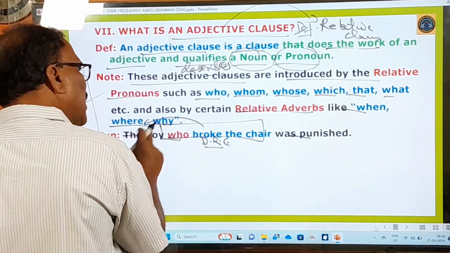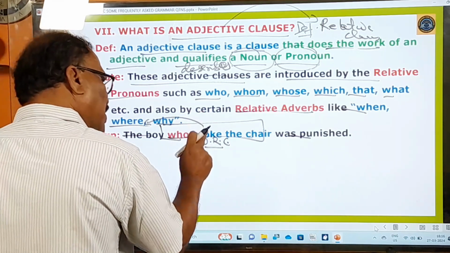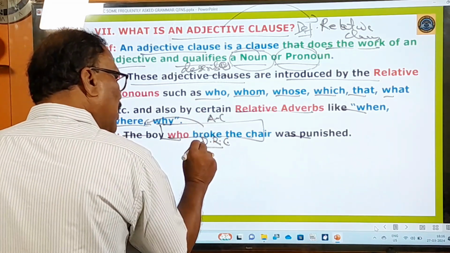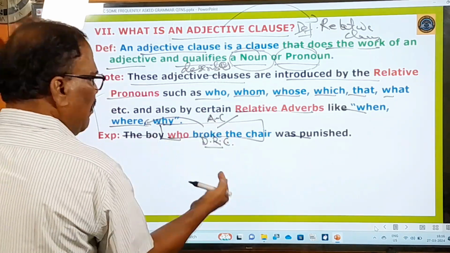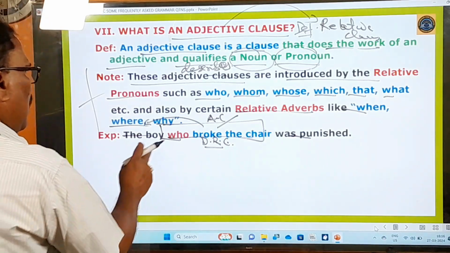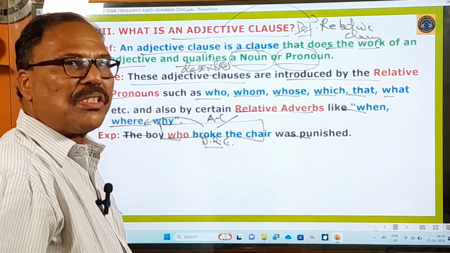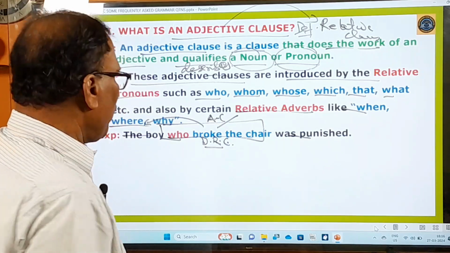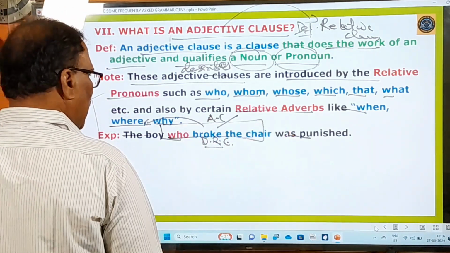This boy is the antecedent of this clause. This is therefore called an adjective clause or a defining relative clause. By either of these two names you can call it. If you drop this, the remaining sentence becomes meaningless. See, if it is dropped, it reads 'the boy was punished.' The sentence looks somewhat meaningless and absurd. That's why you cannot remove that adjective clause from the sentence, right?